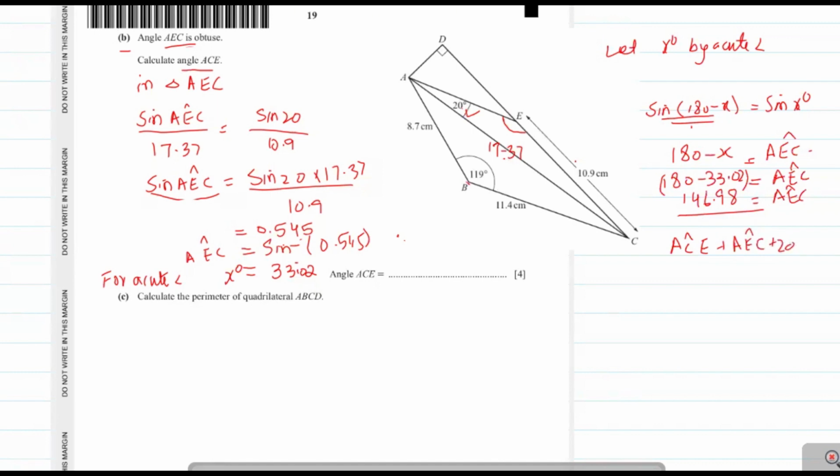To calculate angle ACE, the angle ACE, the angle AEC and the angle 20 are the interior angles of the triangle, whose sum will be equal to 180.